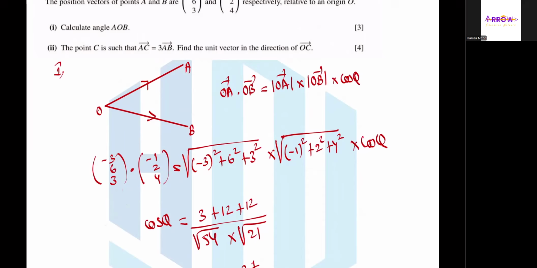In order to find the scalar product, the i components will be multiplied together plus the j components multiplied together plus the k components multiplied together.